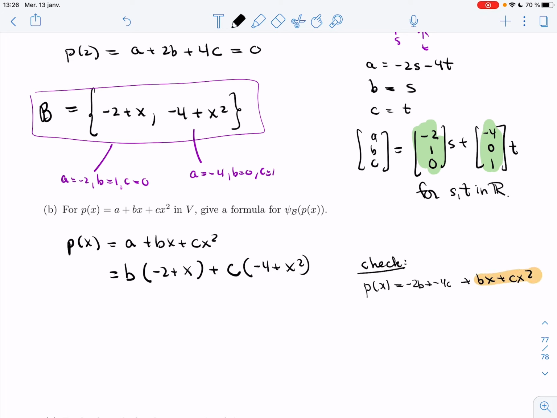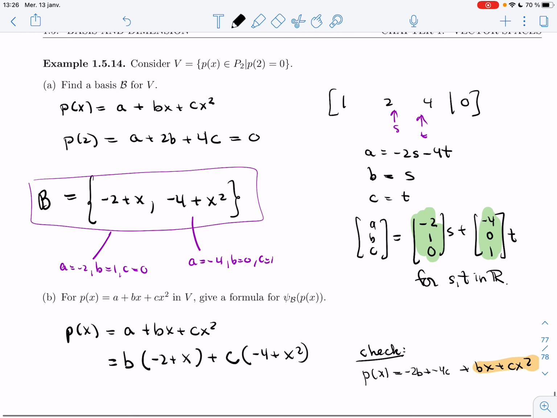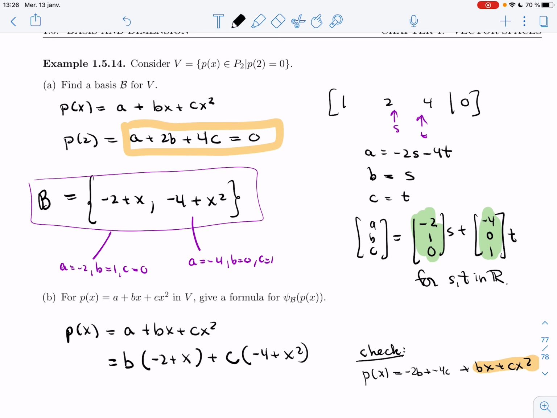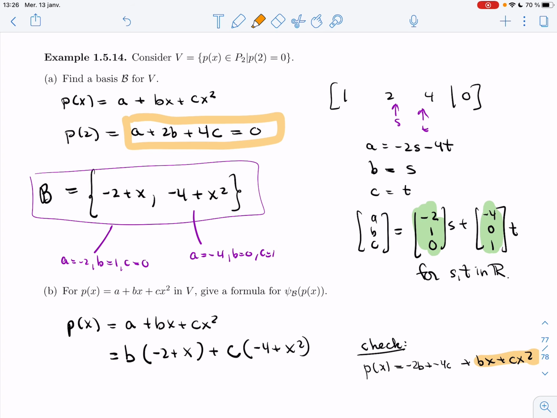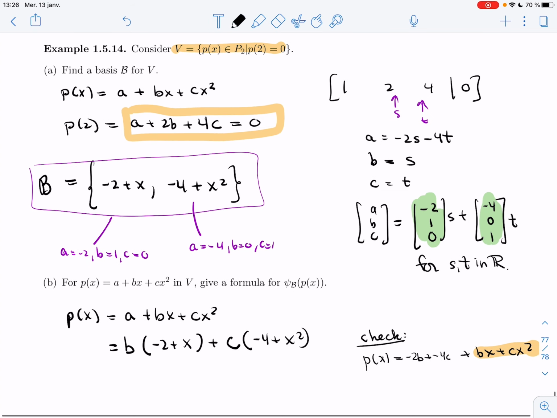I get minus 2b minus 4c, but notice that we don't have a polynomial from all of P2, we have one from V, and so we know that P of 2 is 0, so we know that equation is true. And so minus 2b minus 4c, that's a.